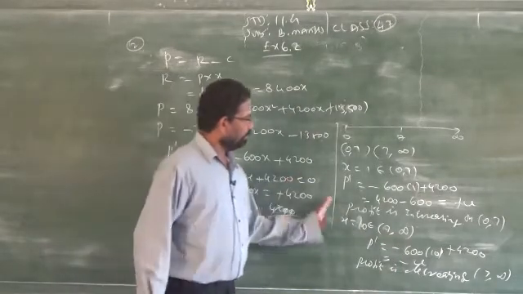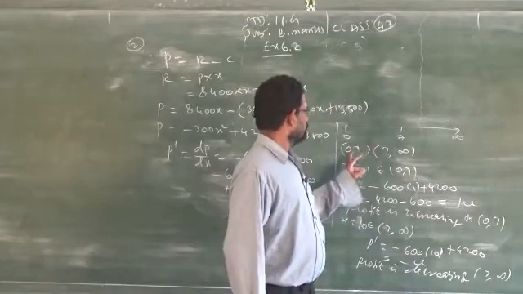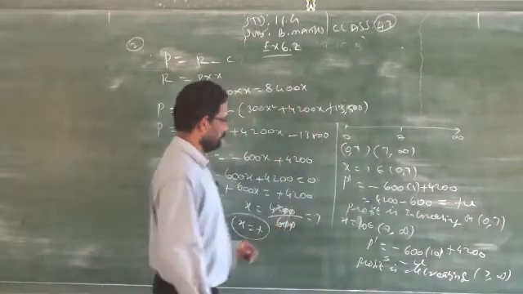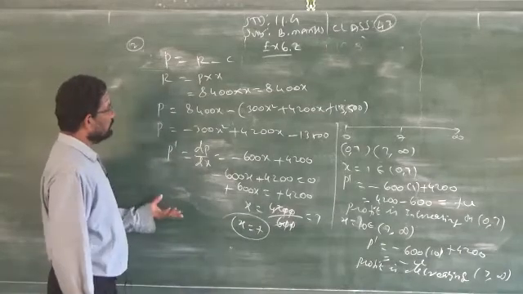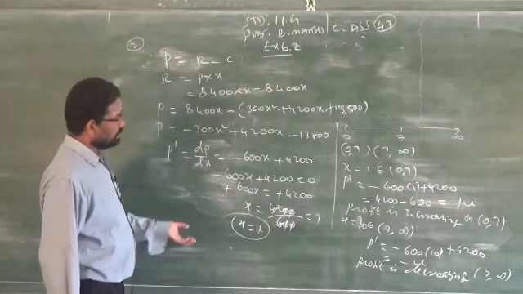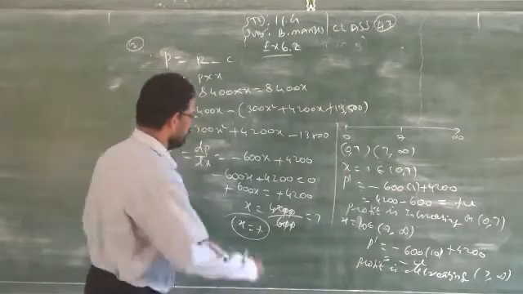Therefore, profit is always increasing from 0 to 7, not from 7 to infinity. That's all. This is the process. It will be very easy to simplify. Please remember the rules alone.